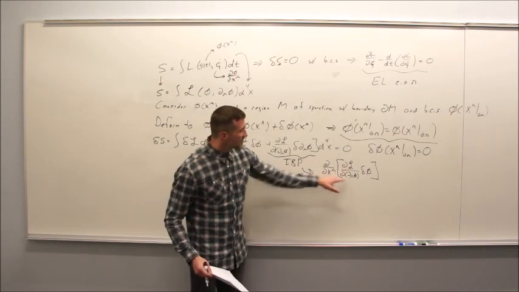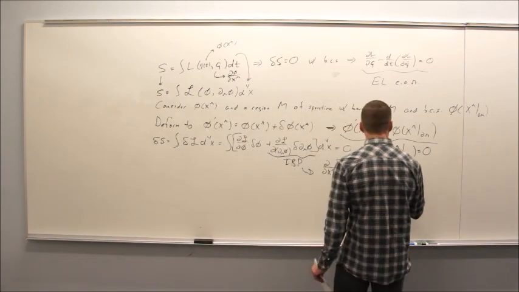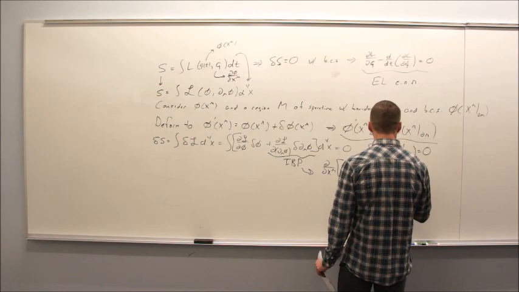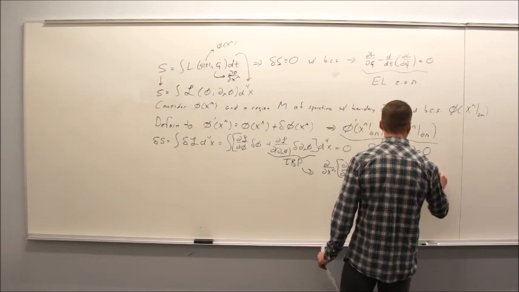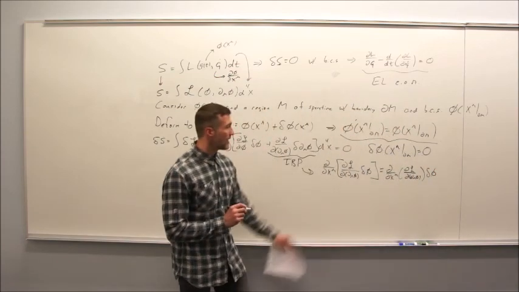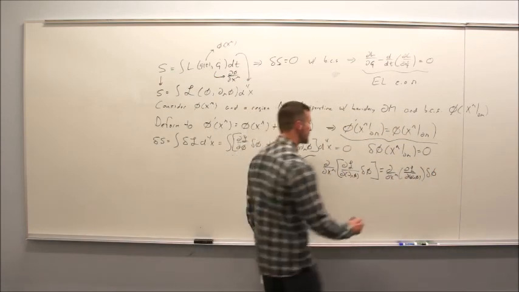If I hit the first term with this, then I get d mu, or d by dx mu, partial L partial d mu phi, times the variation. And then I let the derivative hit the second term.